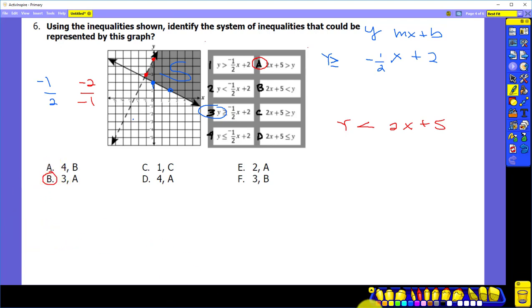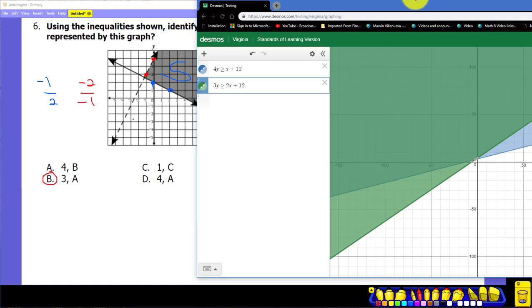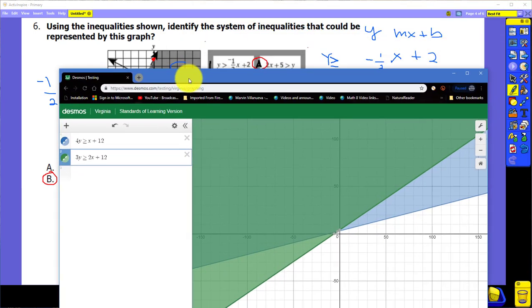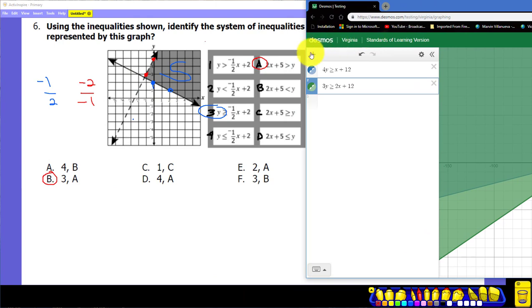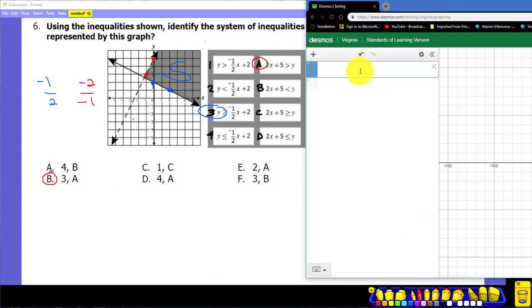Now, if you would like to check your answer, let's go to Desmos. So I'm going to type in my two inequalities. So I'll start with 2x plus 5 greater than y, and then I will have y greater than or equal to, so it's negative.